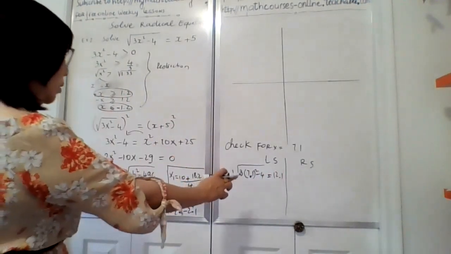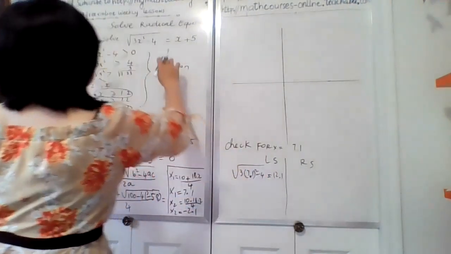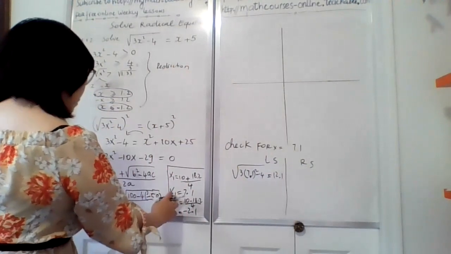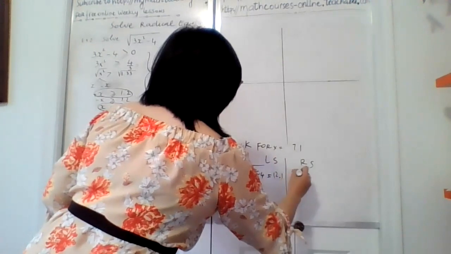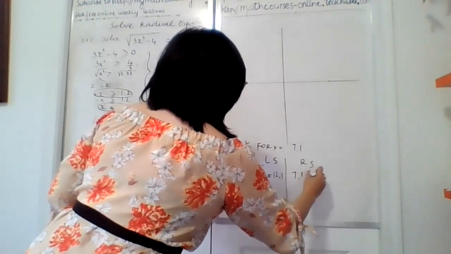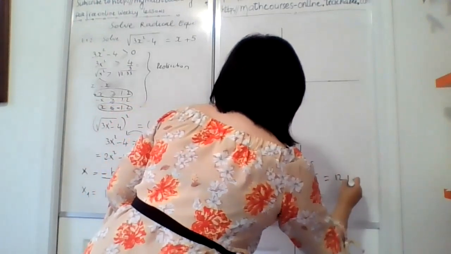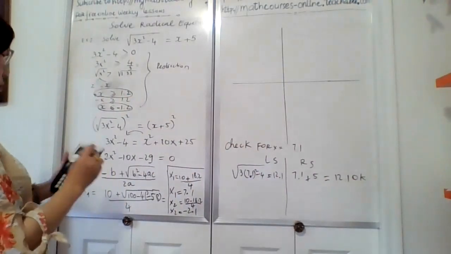So that's our left side. Now, what is our right side? Our right side, we say our root is 7.1, so we substitute for the right side, 7.1 add 5. And exactly, it equals 12.1. So it's okay, right? So that's one solution.